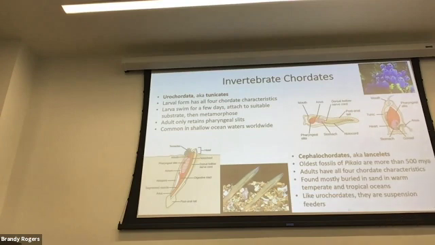So that's the shape that they have. They are largely benthic, meaning they bury down in the substrate at the bottom of the water, and that's how they live. But they have all 4 chordate characteristics, and they retain them as adults. Let's see, what's mostly interesting about these guys?